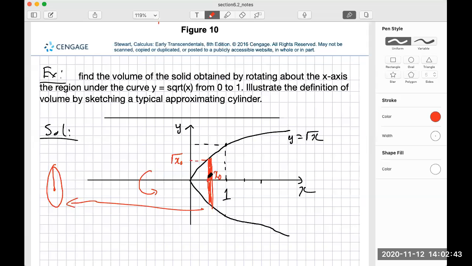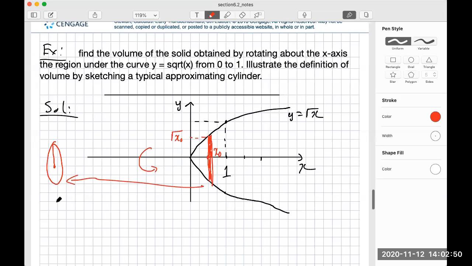And what is the area of that circle? Pi multiplied with r squared, right? And what is the radius in this case at x0? Perfect. Square root of x0 is the radius, the distance here, right? Or it will be pi times square root of x0 squared.